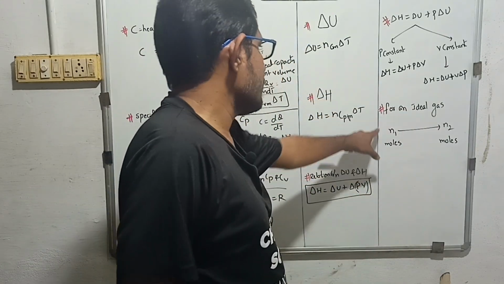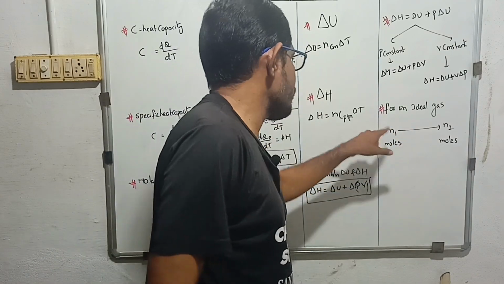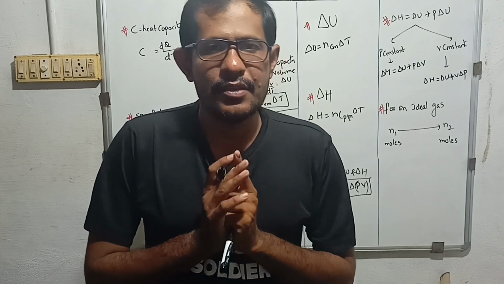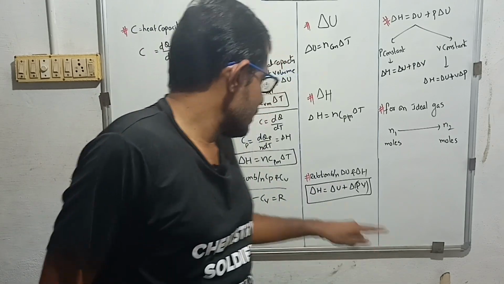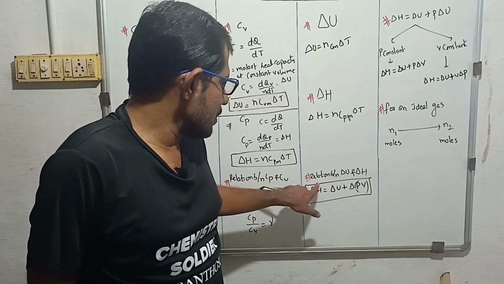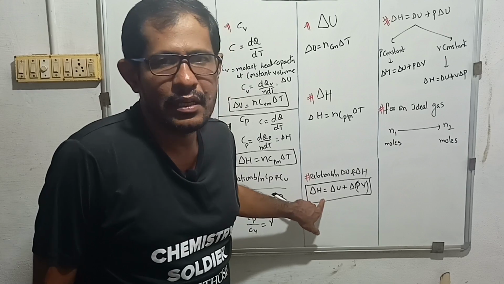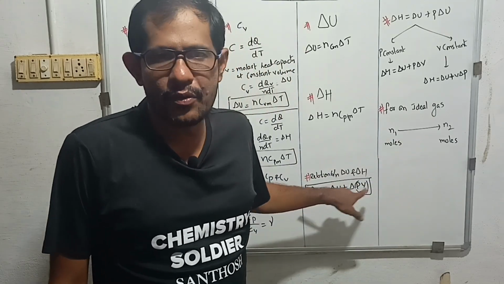Next, for an ideal gas, N1 moles changing to N2 moles. Suppose you take an ideal gas whose volume is changing, we are going to apply this equation, the relation between delta U and delta H, for an ideal gas.